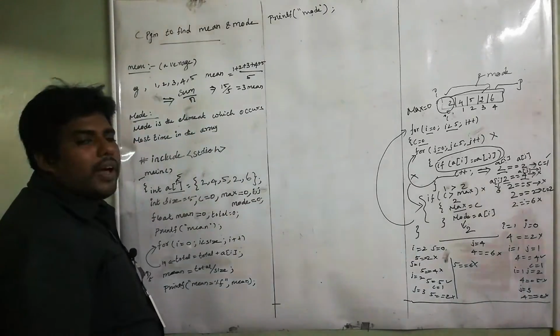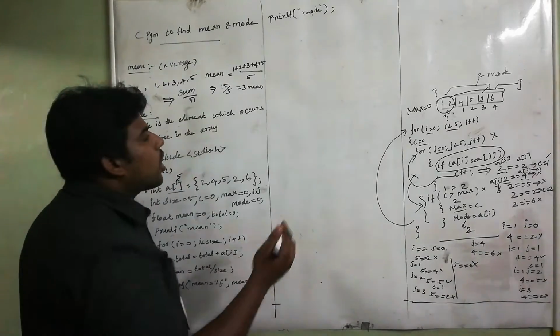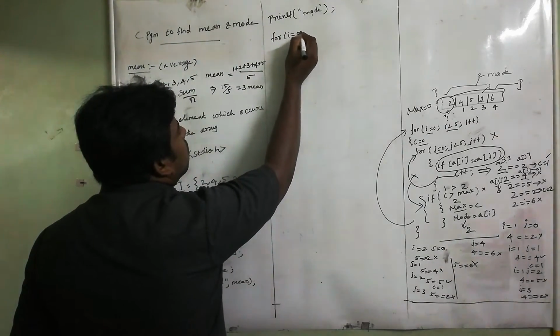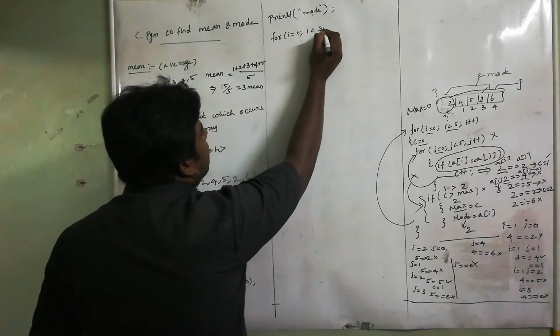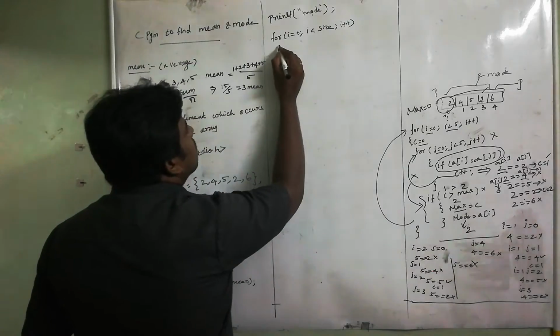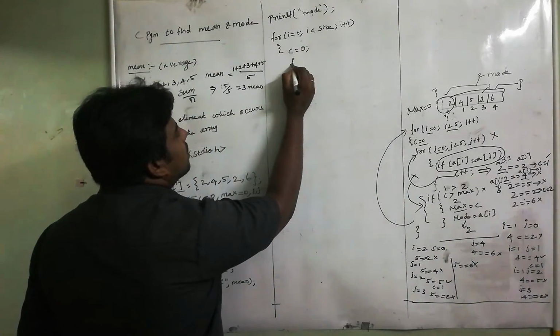Okay. For finding the mode, what's the logic? You have to write two for loops and one counter is required. So for I equal to 0, I less than size, I plus plus. Inside that C equal to 0, counter. Again nested for loop.